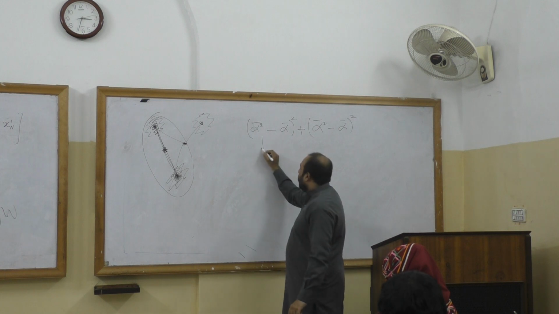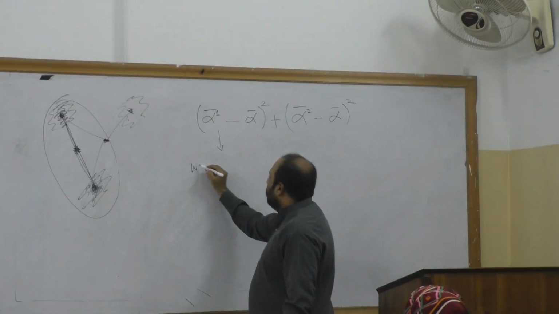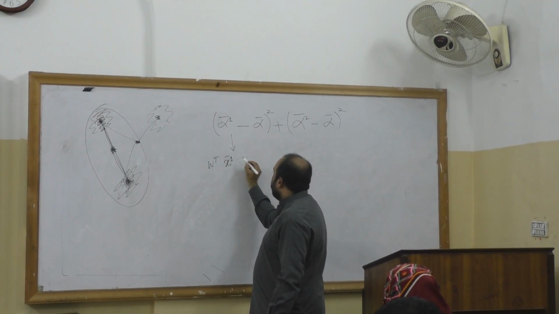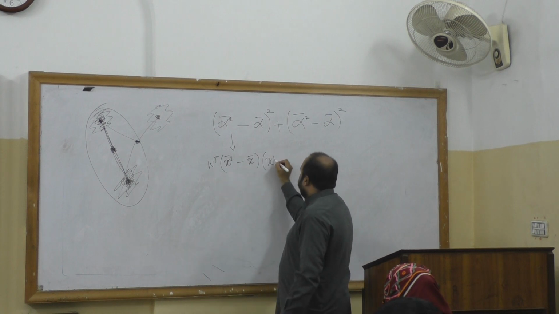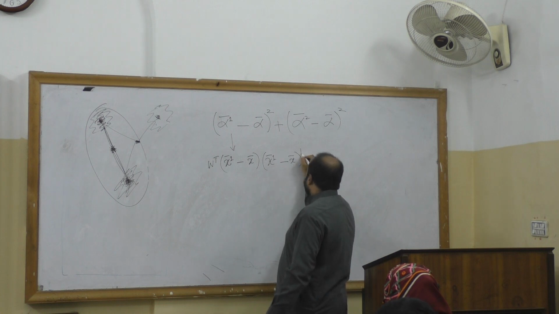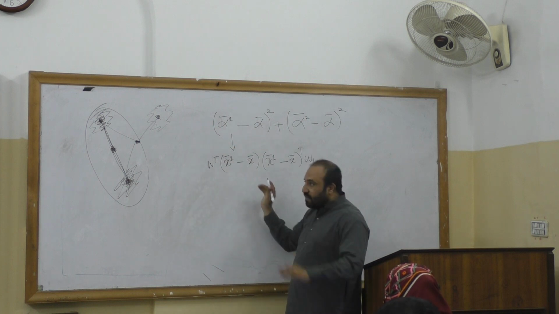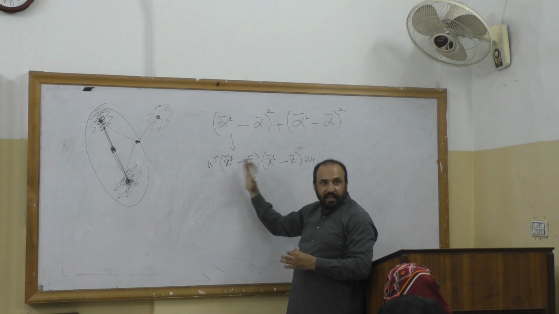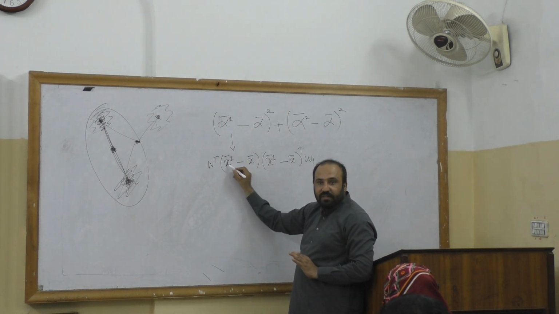Now, allow me to write this as W transpose (X1 bar minus X bar)(X1 bar minus X bar) transpose W. This is the first quantity. By the same argument, you can unravel this square and you get this thing. This is the mean of the total data. This is the mean of class 1 data points.